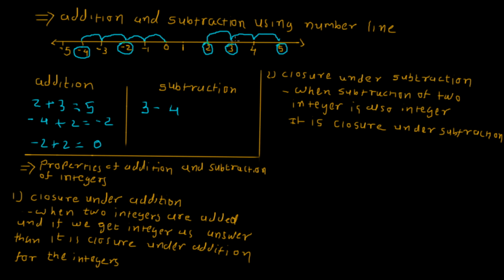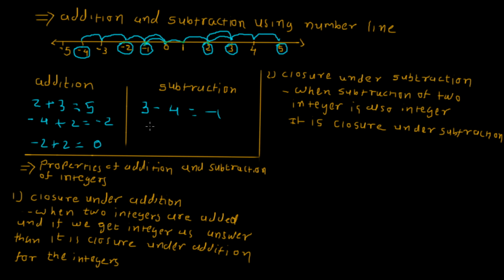Okay, so we have 3 over here, we are subtracting 4 from the 3, so we are going to move towards the left side on the number line. So 1, 2, 3 and 4, and here is the answer. So 3 minus 4 is -1.